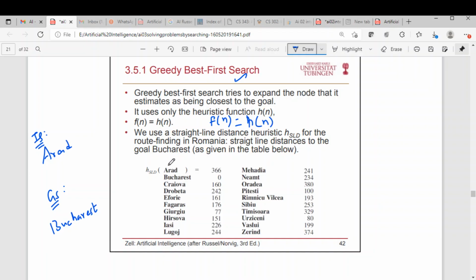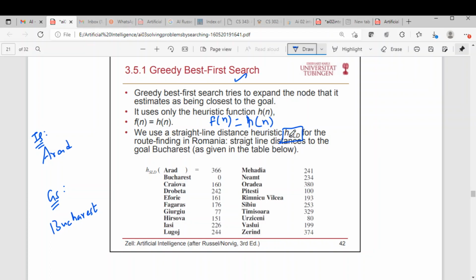Here for h of n, we are taking the straight line distance between two cities. Let us assume that we know the straight line distance between all the cities. There cannot be any true distance which is lesser than the straight line distance.